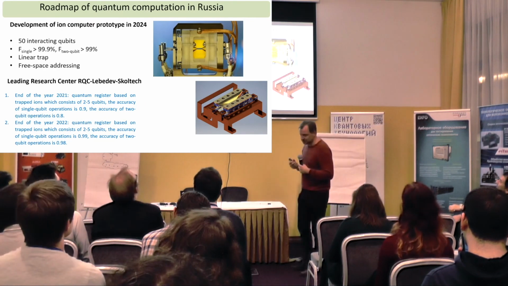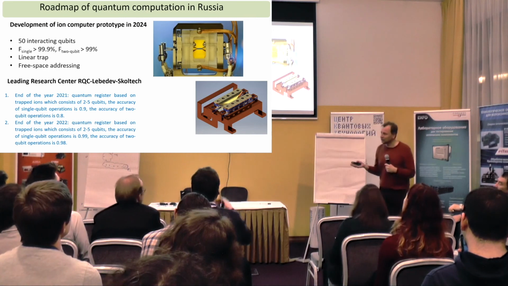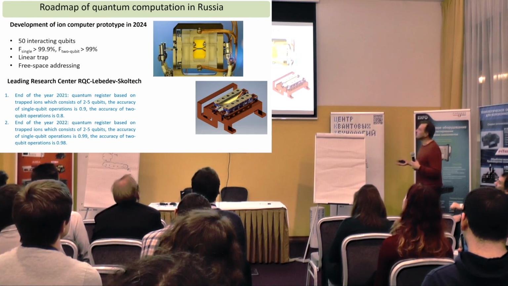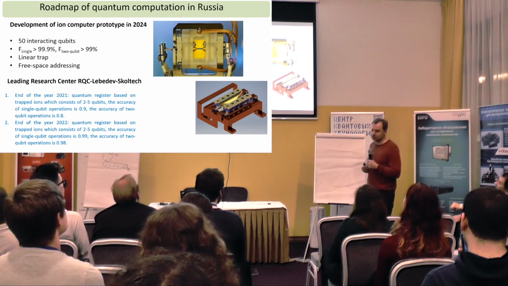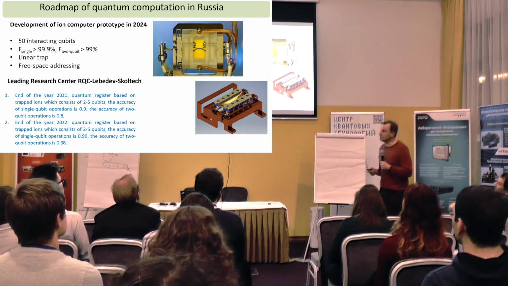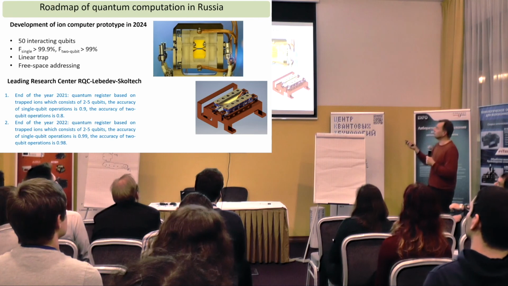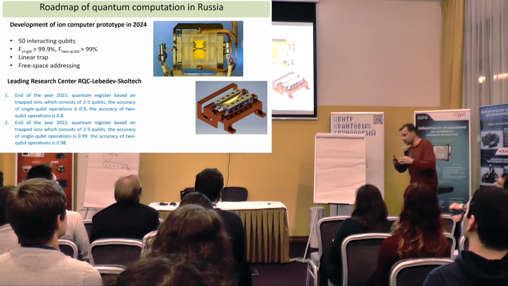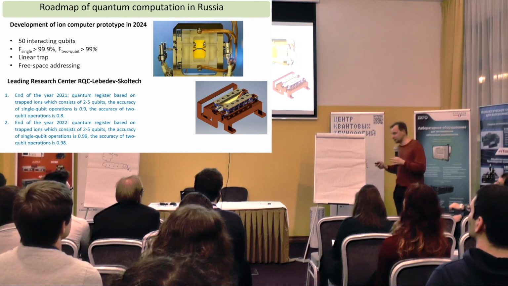Okay, a few words about what we are doing. We will discuss it, as far as I understood, at the roundtable today. If we think about the ideas which we would like to implement in Russia, there is a roadmap to build different platforms, and one of the platforms is ion-based.